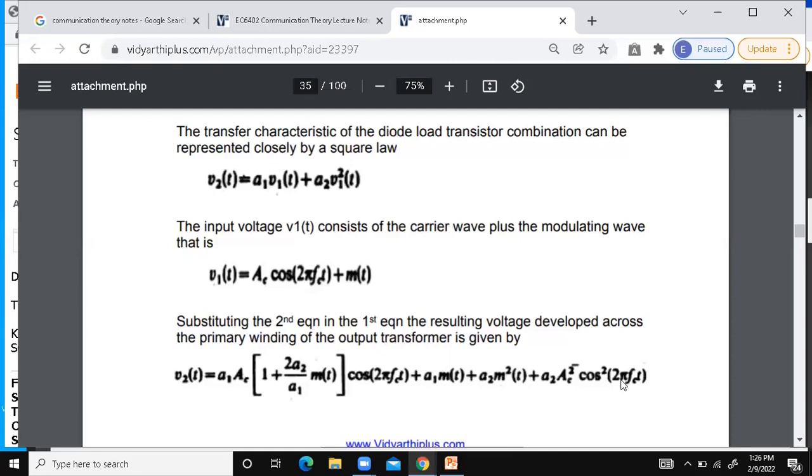Do me a favor and just get out a piece of paper and quickly substitute this into this equation and see if you get this. Just sit down. I'll give you about 3 minutes to do it.